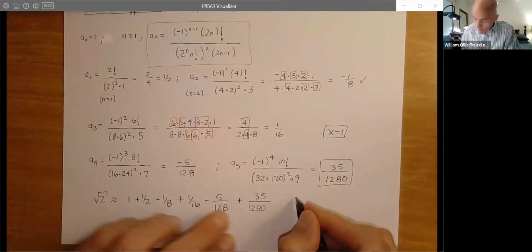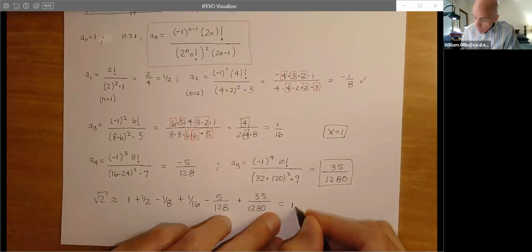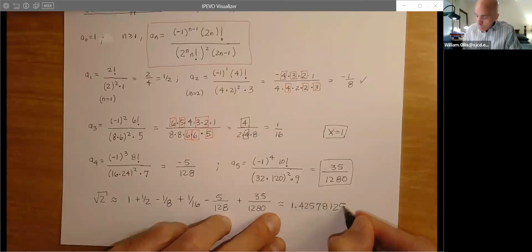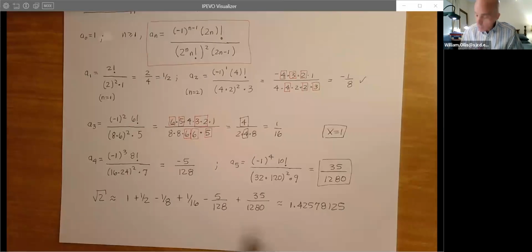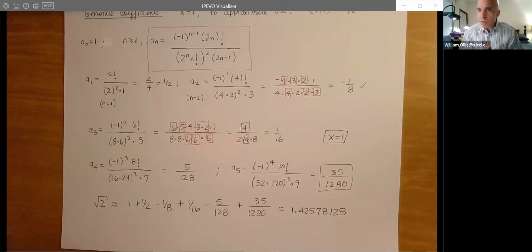And this will give you approximately, I'll use my Google calculator, 1.42578125. So this will secure the 1 decimal place with the square root function. So that's how your calculator works. Now, like I said before, there are adjustments that are made to the computations, but this is why indeed the binomial theorem is of such importance.